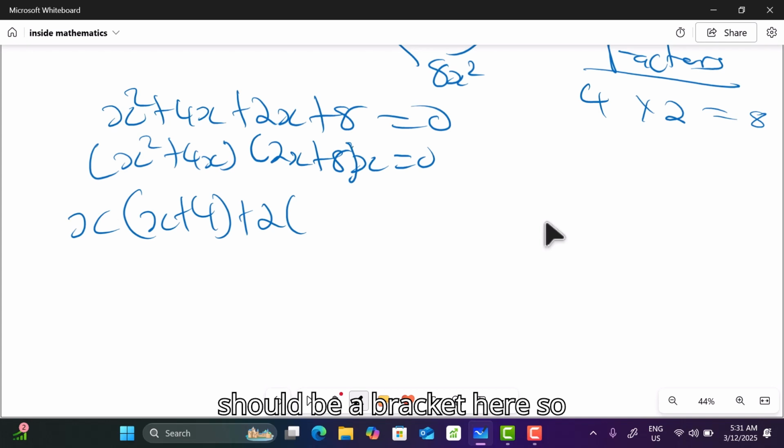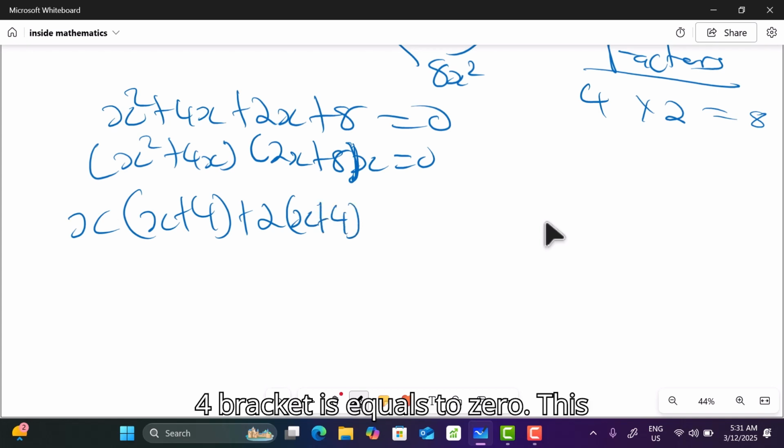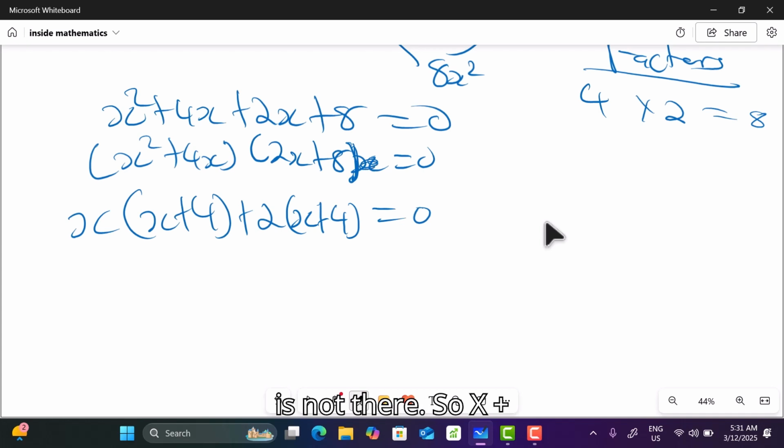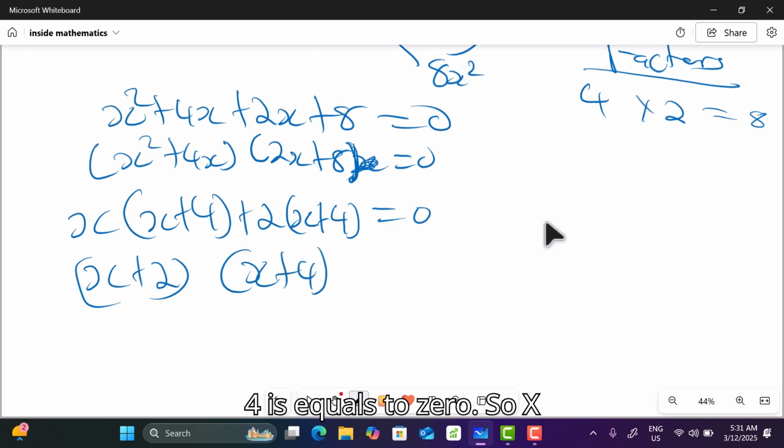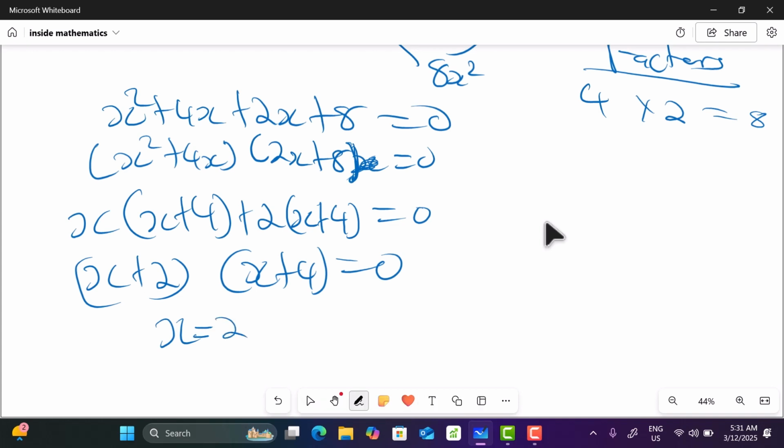There should be a bracket here so that it will be x plus 4 in brackets equals 0. So (x plus 2)(x plus 4) equals 0. So x is minus 2 or minus 4.